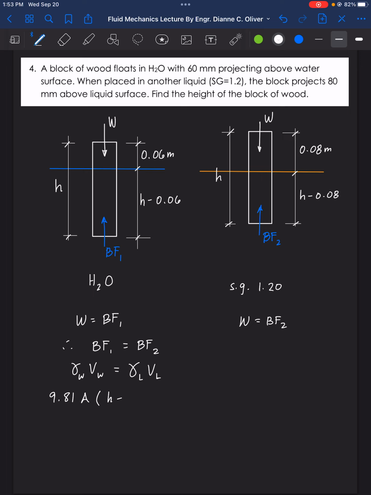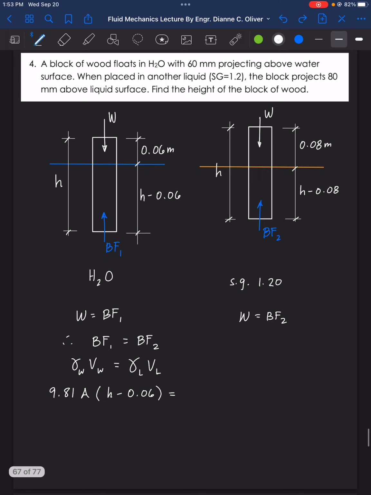That equals gamma L, and using the specific gravity of 1.2, that is 1.20 times 9.81. Then the volume is area times the height, the height being h minus 0.08. So we can cancel out the area and cancel out the gamma of water.